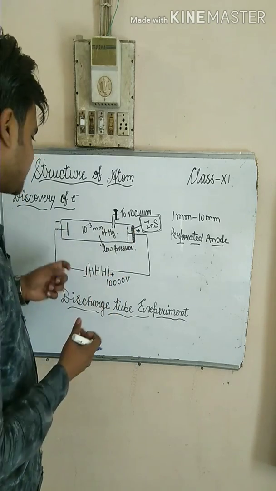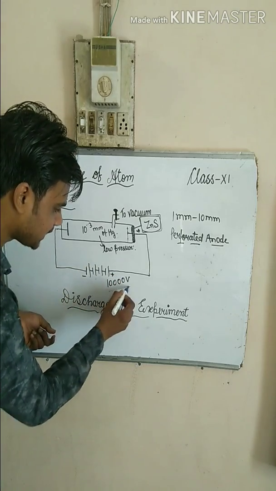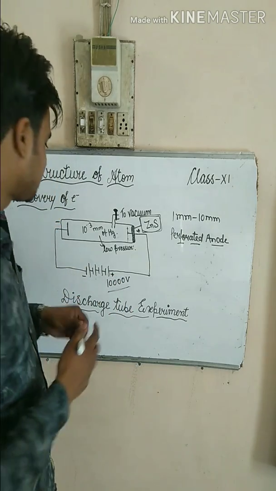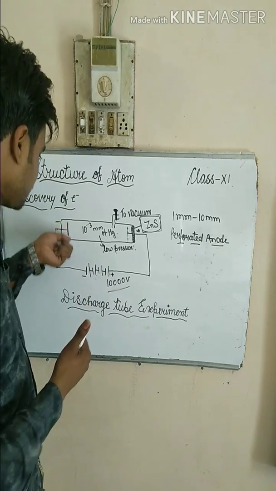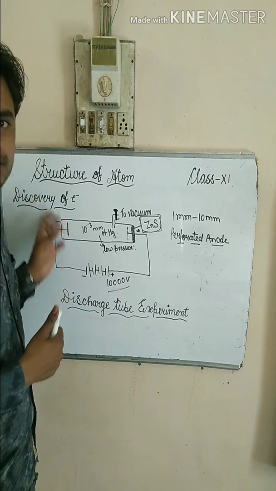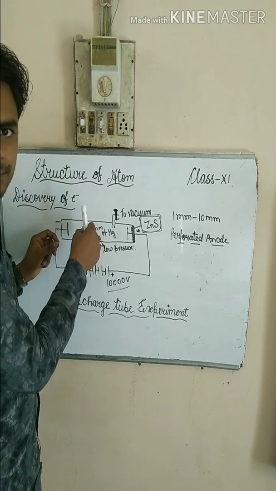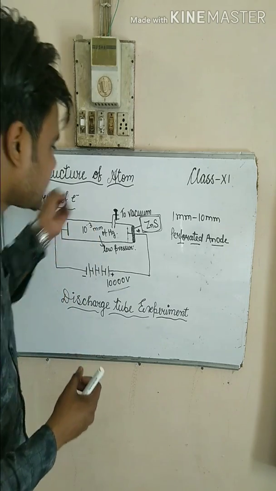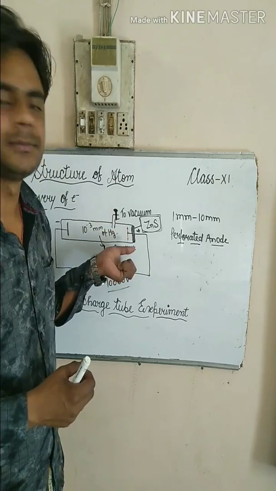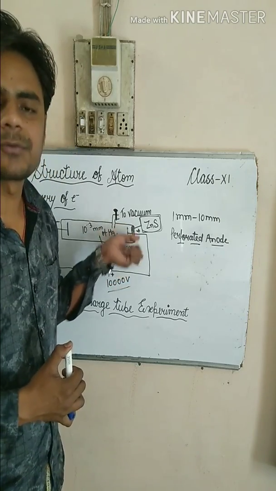So what will happen because of this very high voltage? The negative metal or negative electrode has some charge over it. That charge is attracted by the positive electrode, that is the perforated anode.